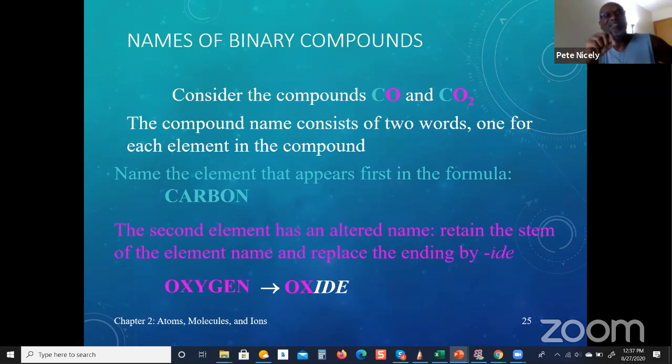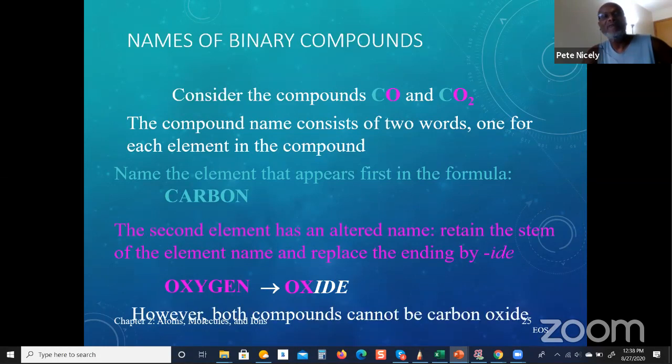But for the second element, you use the initial stem of the name of that element, and then you follow that up with IDE. So therefore, oxygen in these formulas becomes oxide, all right? Nitrogen becomes nitride, sulfur becomes sulfide, and there are others that I'm quite sure you can think of, right? So the name of the second element always ends with IDE when it comes to naming binary molecular compounds.